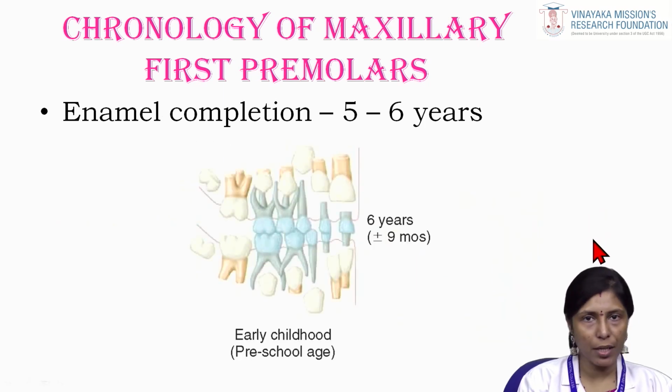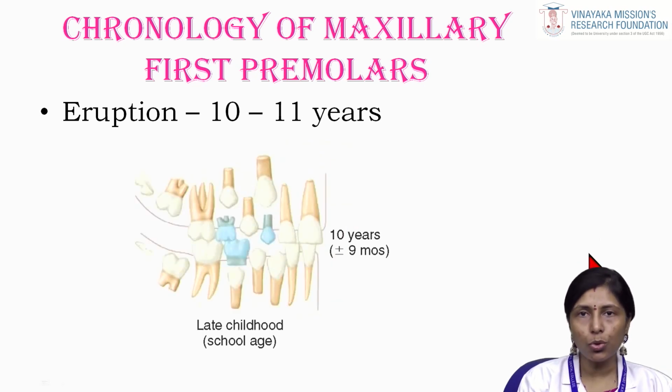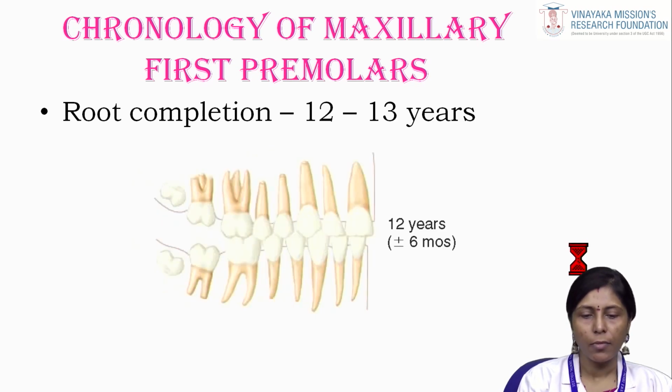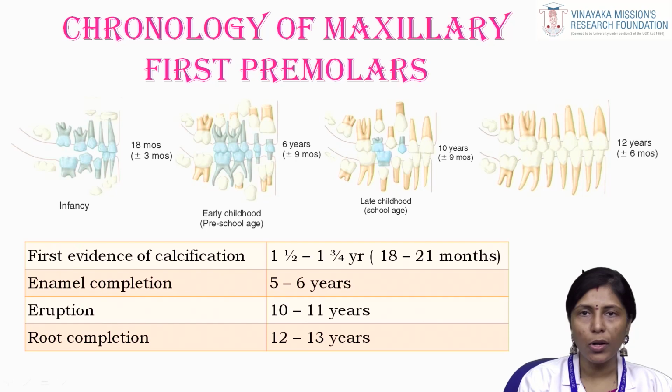So enamel completion will occur at the age of 5 to 6 years. The tooth, maxillary first premolar, will erupt into the oral cavity at the age of 10 to 11 years. Root completion for the maxillary premolar will occur at 12 to 13 years. So this is the chronology of maxillary first premolar.